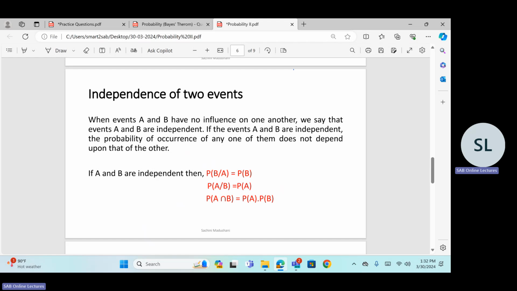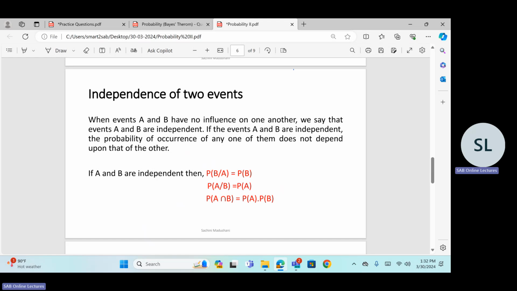We call A and B independent. Event A does not depend on B, and B does not depend on A. Understood? That's the meaning of the independence of events.